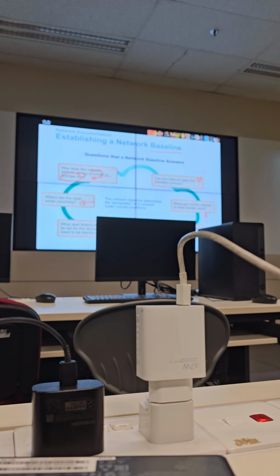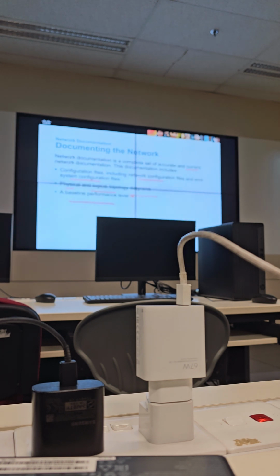Alright? So, the network baseline determines the personality of the network under normal conditions. So we can establish this is your normal conditions. But the problem with this is that when your network is very fluid, very versatile, your normal may change a lot of times.